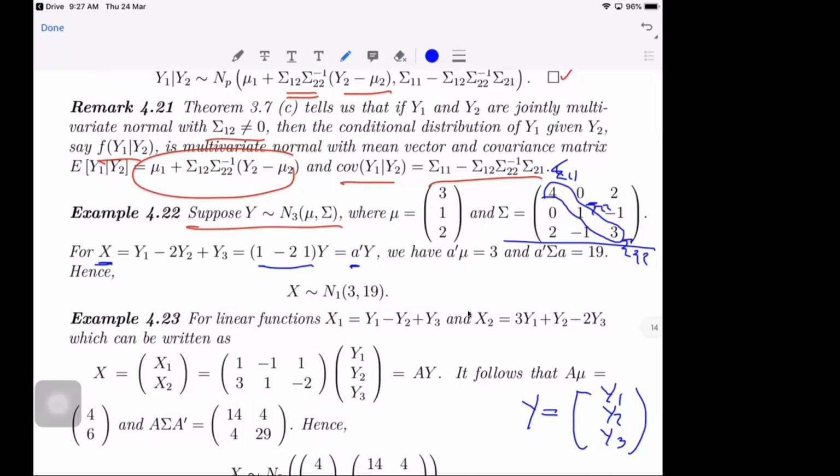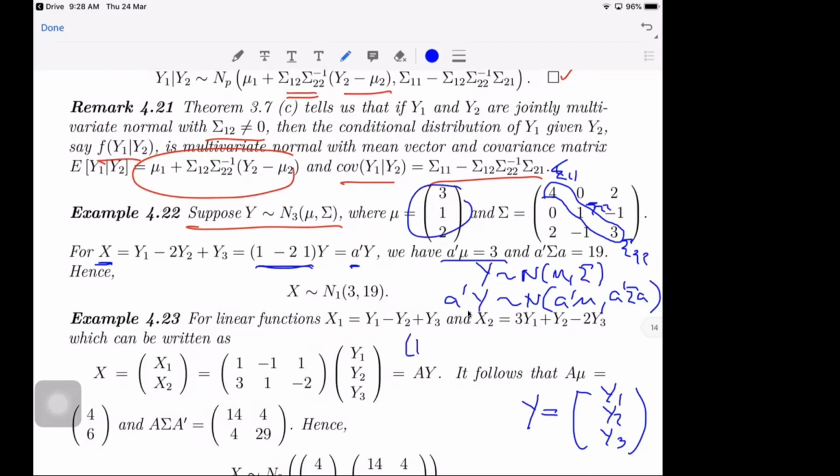So recall na kung y is normally distributed with mean mu and covariance matrix sigma, then a prime y is still normal with mean a prime mu and covariance matrix a prime sigma a. No? So applying this concept, you will get a prime mu to be equal to, this is your mu. So your a prime is this.